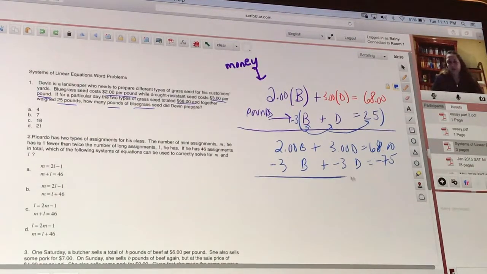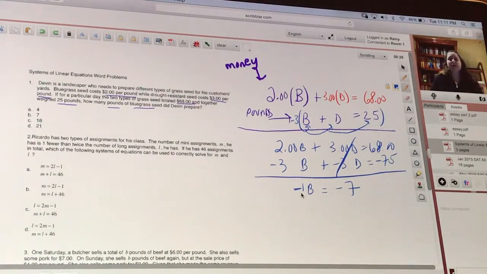So we're going to combine these vertically. A negative 3 plus a positive 2 is a negative 1B. And the 3D's will cancel as planned. And this becomes negative 7 when combined.